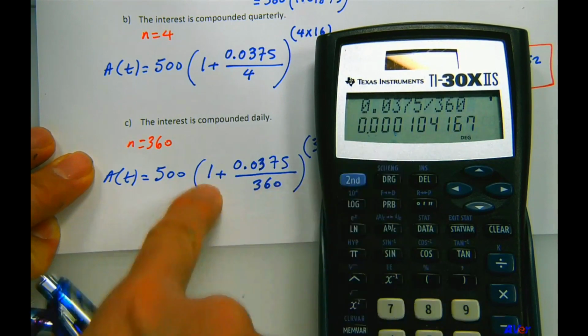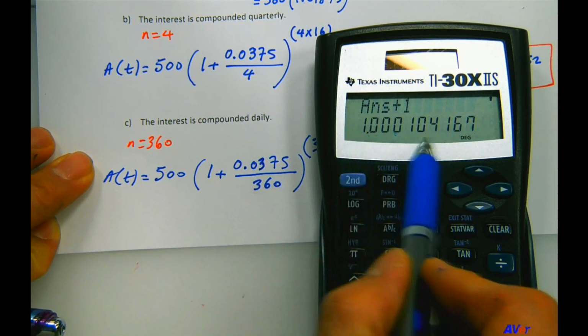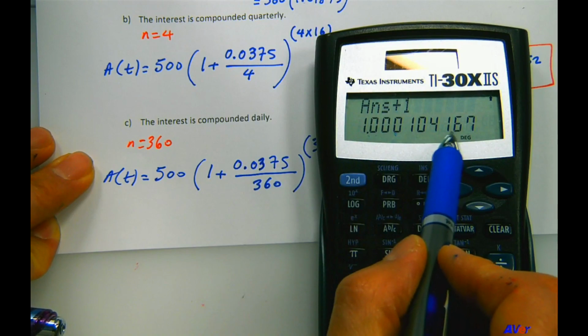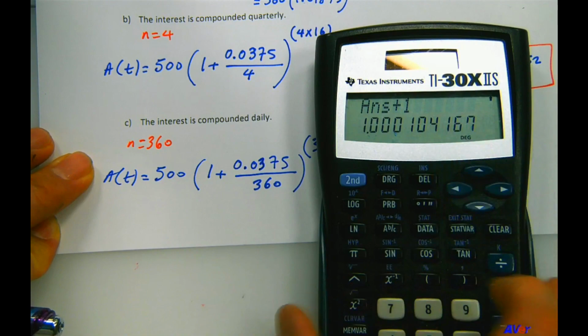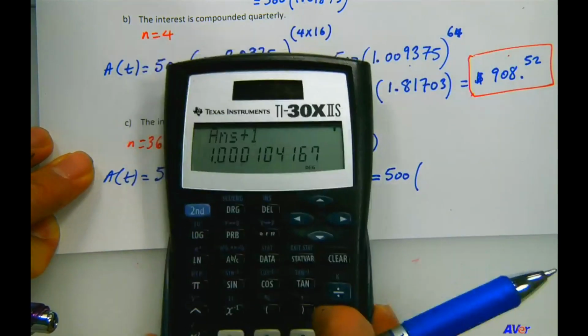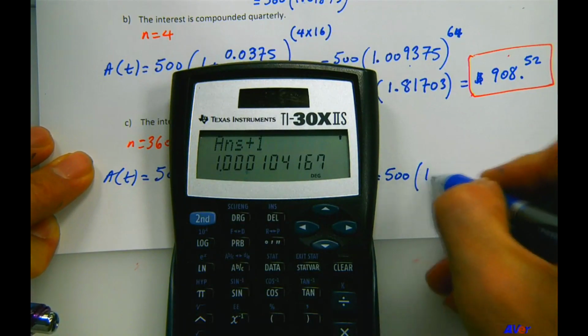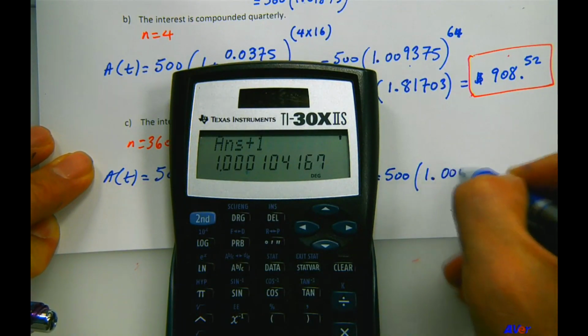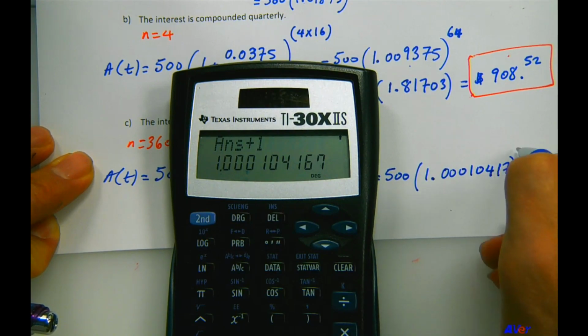And then add 1 to it, plus 1. Like that. So I'm going to keep everything until I round the 6 to 7. Right? So let's do that. So 500 times 1.000100417 raised to what power?